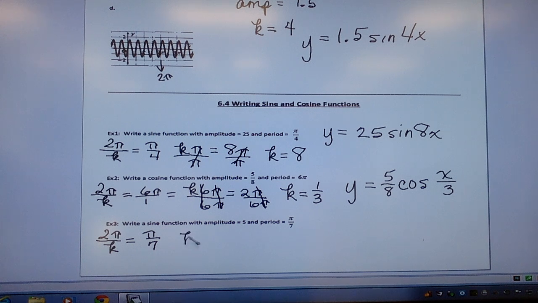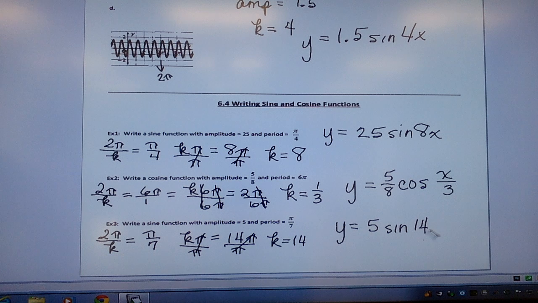Cross multiply, k pi equals 14 pi. Divide by pi, and k equals 14. So your equation is y equals 5 sine 14x.